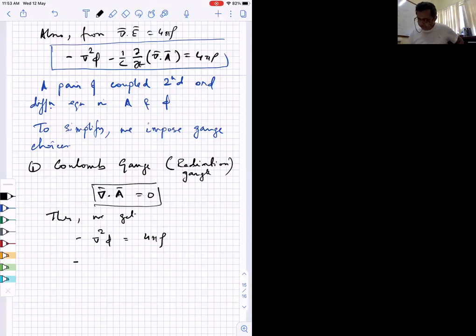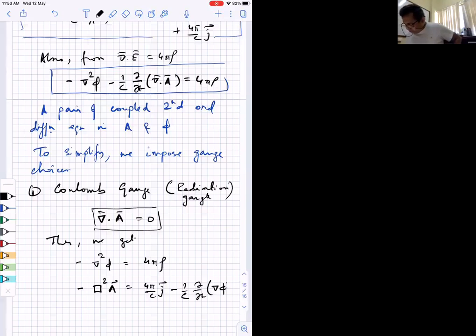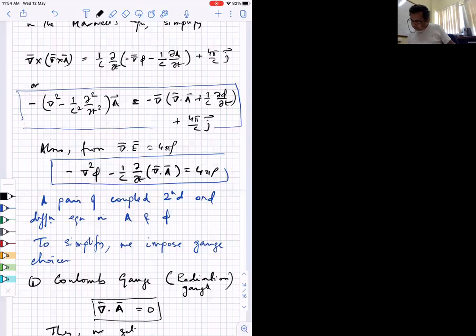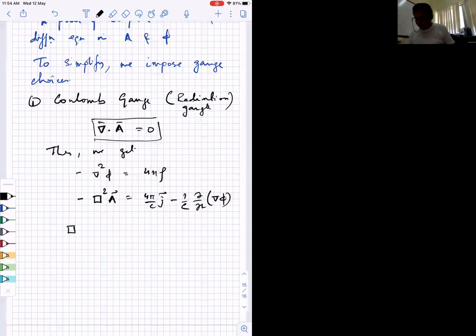So we introduce this, J, 1 by c del del t of minus grad phi, where I've introduced this symbol, which is called the D'Alembertian.